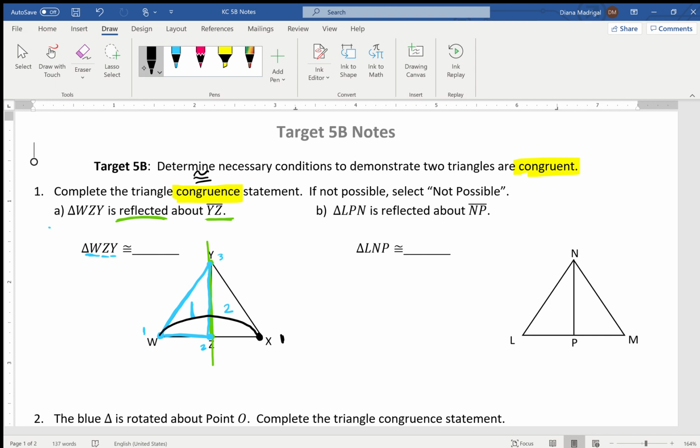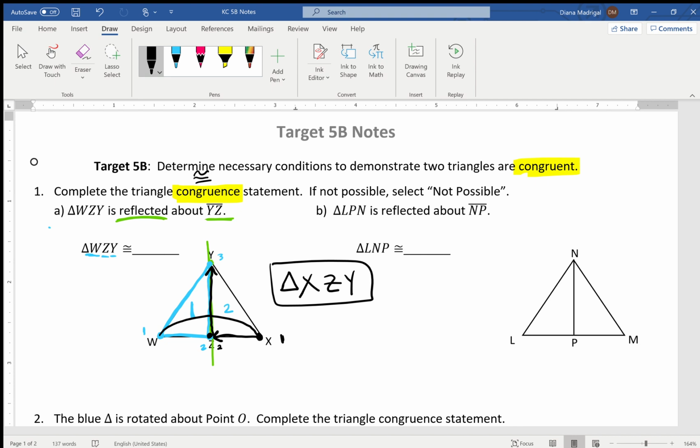The way I'm going to start the next triangle is triangle X. Then W went to Z, the second point, so I'm going to do the same thing here, from X to Z. And then your third point, which is Y. So this is how I'm going to name the second triangle: X, Z, Y.